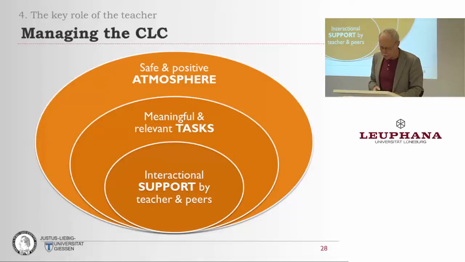So I come to the third strand of my definition of what communicative language classrooms relate to. They relate to teachers and to the actions that a teacher takes to create the conditions for a learner text-driven classroom.